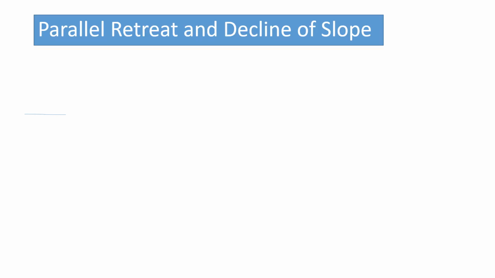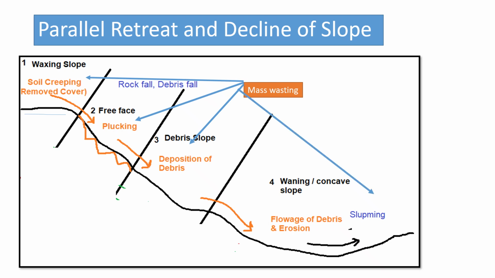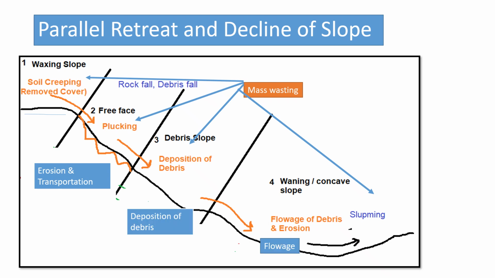Now the process, that is the parallel retreat of the slope. This is the basic form: four types of slope and four different types of mass wasting. First is soil creeping, then free face plucking, then the debris slope with deposition of debris, and the flowage and slumping. These distinct kinds of mass wasting continue for a long time. Then there is a decreasing trend of the absolute height.